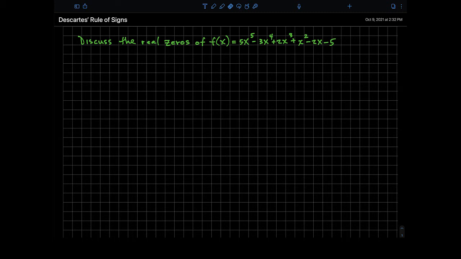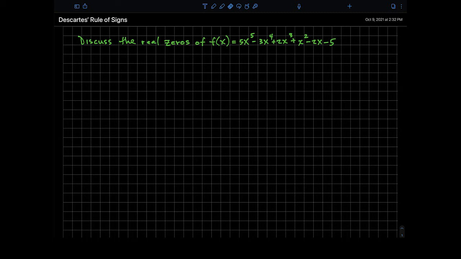It is advisable that you put the polynomial in standard form when you determine the number of sign changes. Once we've finished counting the sign changes in the original f of x, we do the same for f of negative x, and we will evaluate the function when x is negative.